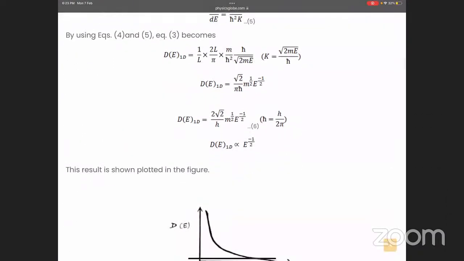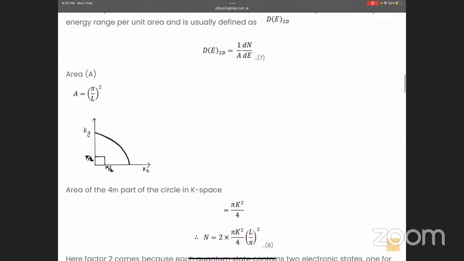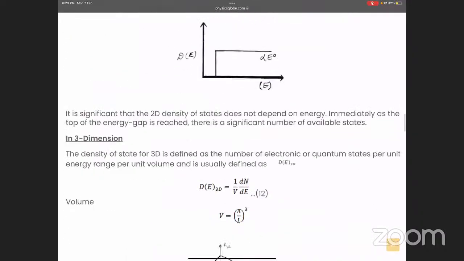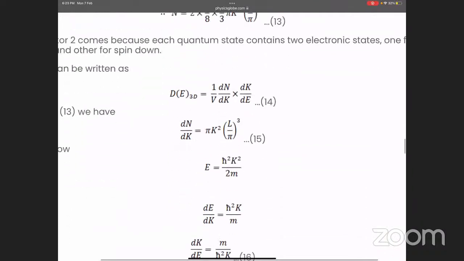So you can see that in one dimension, now we have done 3 dimensions first. Yeah, so this is the derivation that we have done.